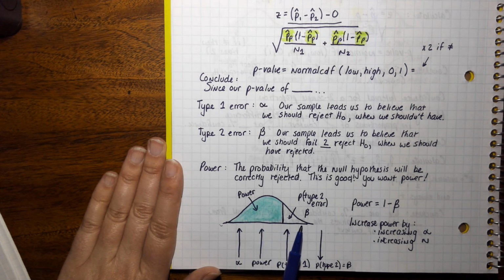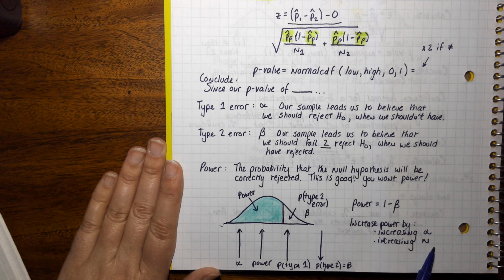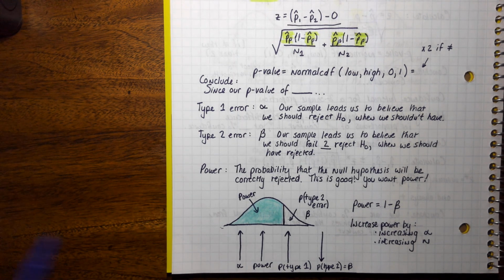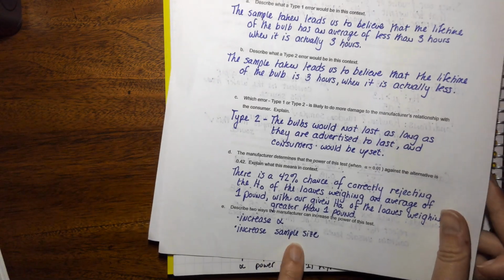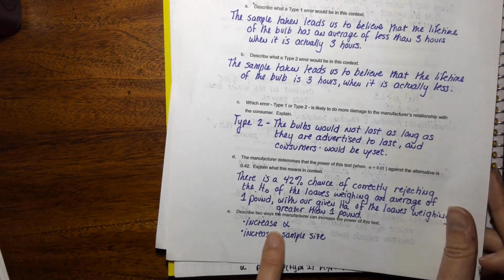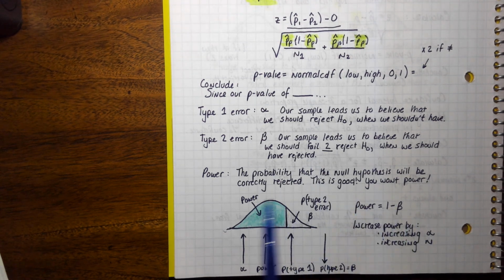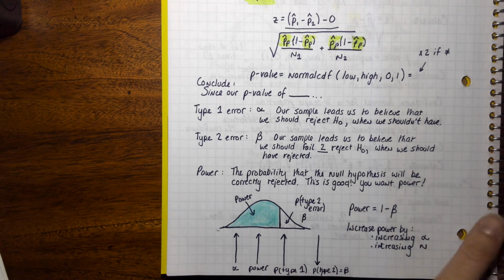These are complements of each other, which means that they add to 1. You can increase power by increasing the alpha, which is the significance level, or you can increase the sample size. I believe that was also on the team test, so if you were looking for any of this for your team test, that's where it was located.